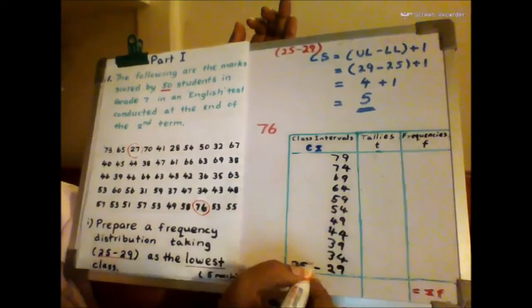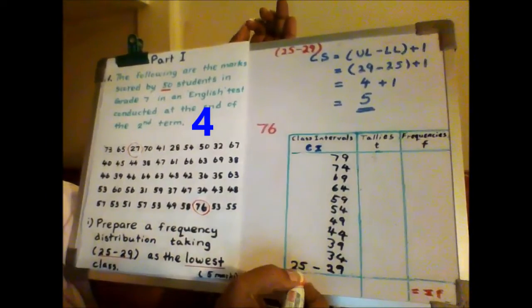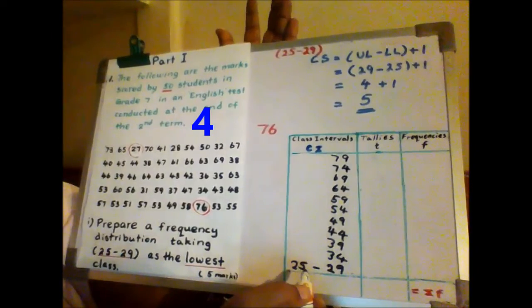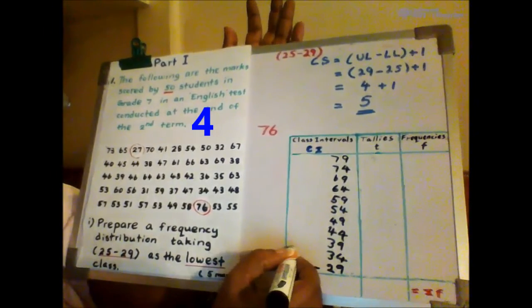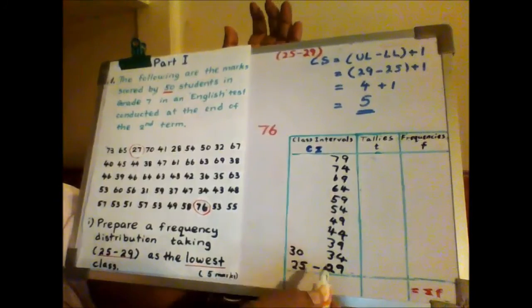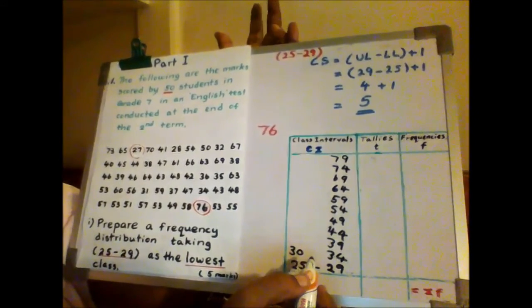Go to this side, 25, then 5, then 26, 27, 28, 29, 30. Do like this, 31, 32, 33, 34, 35.